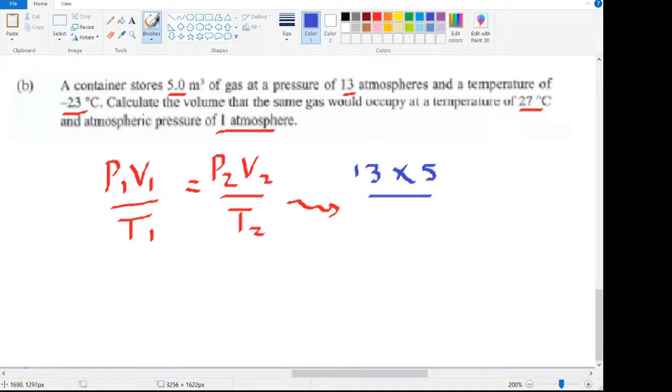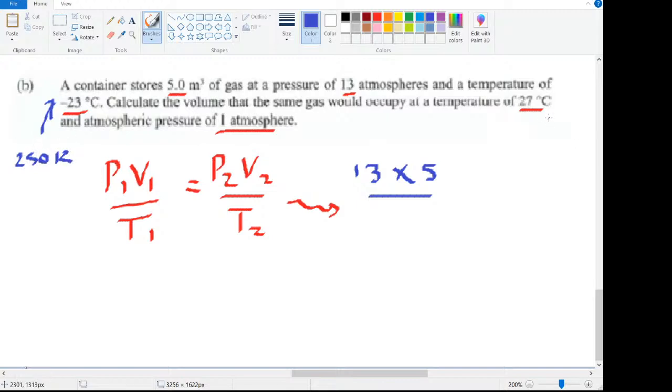Temperature 1, where I'm going to convert this to Kelvin? So minus 23 plus 273, so there's 250, 250K. I'll probably remember to do that.